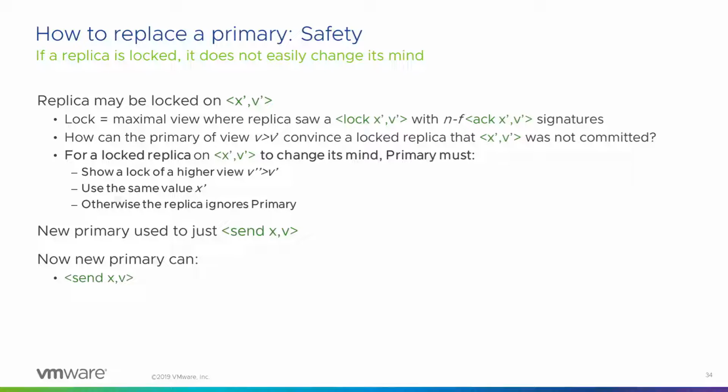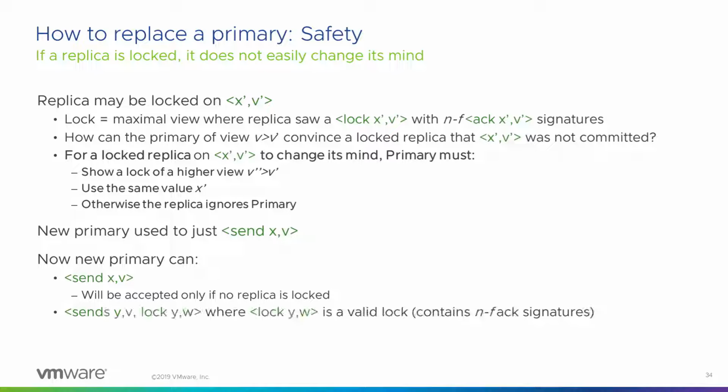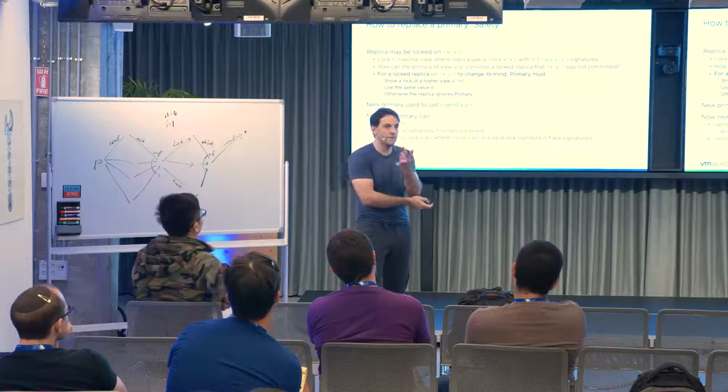It can either send the regular value, and this will be accepted by all replicas that are not locked at all, or it can send a value, this value y here, and also a previous lock. This lock is a message that the primary has for the value y for some view w, which is an older view than the current view. The current view is v, and this is an older view w. So these are the two choices of the primary.